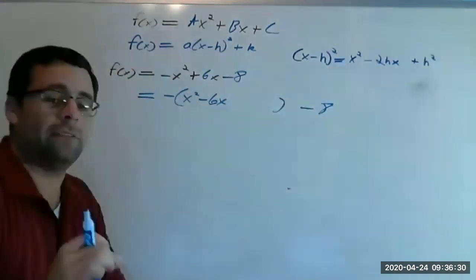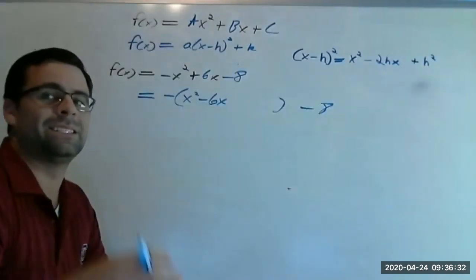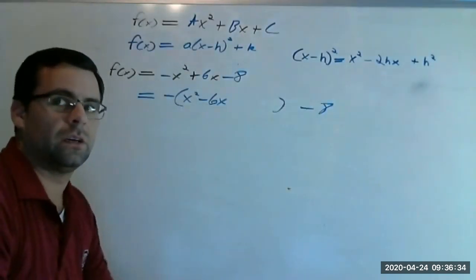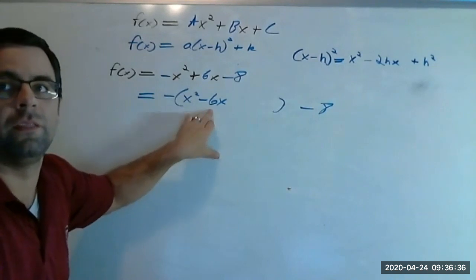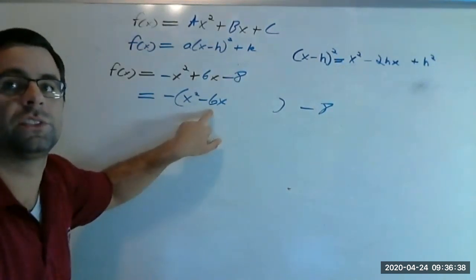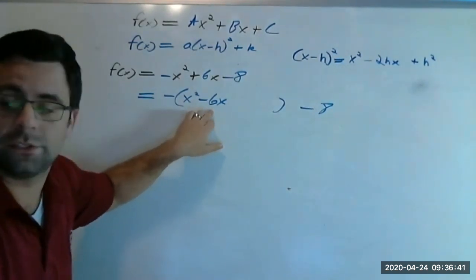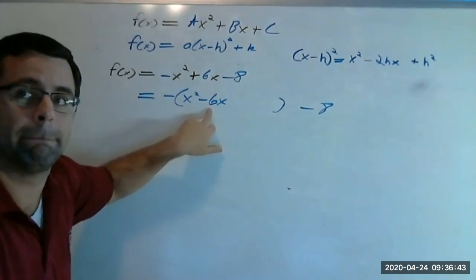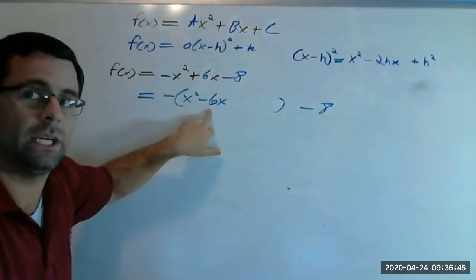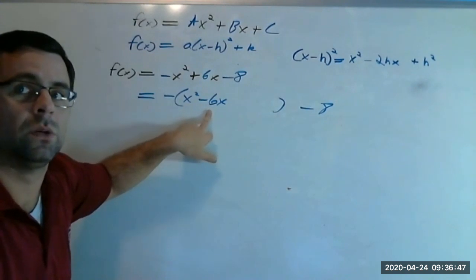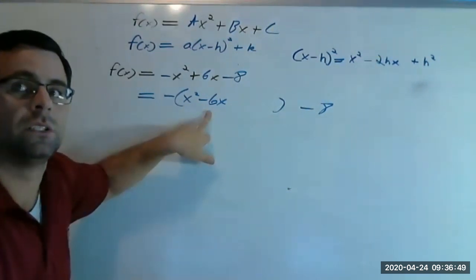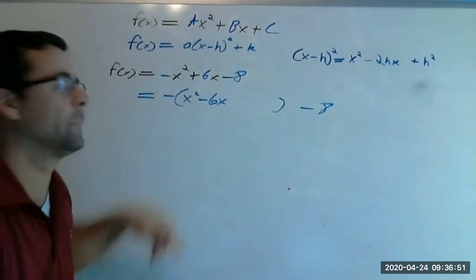So the thing that we have to add is half of this number squared. So what's half of that? 3. And what is 3 squared? 9.